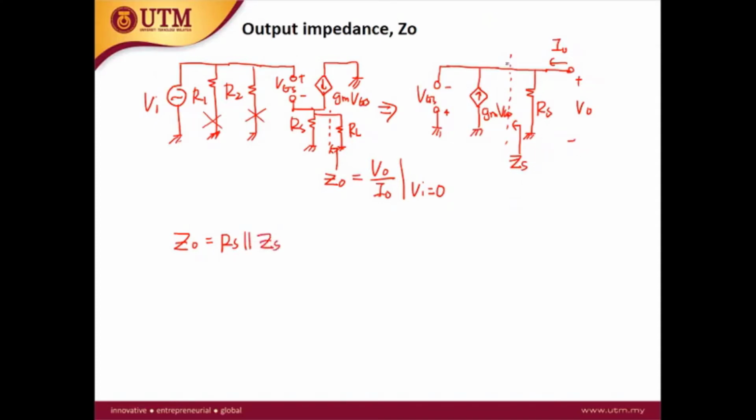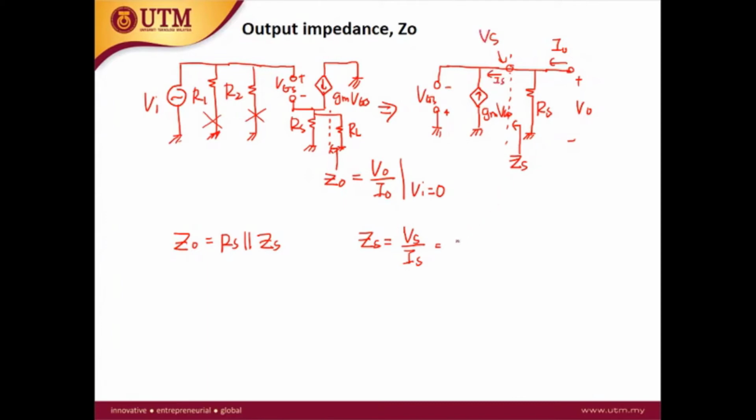ZS stands for the impedance seen from the source terminal of the MOSFET. So this is the source terminal of the MOSFET. ZS is equal to Vs over Is. Is direction is toward the left hand side. So this is your Is, and this is the Vs.